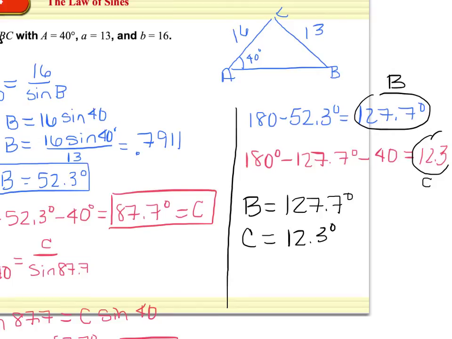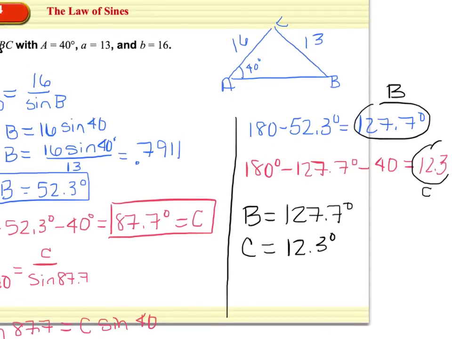Now that I know these two angle measures, I have to recalculate the side length C for the second triangle. To do that, I'm now going to use my angle A and side length A. So I have 13 divided by the sine of 40 degrees is equal to my new side length C divided by the sine of my new angle C, which is 12.3 degrees.